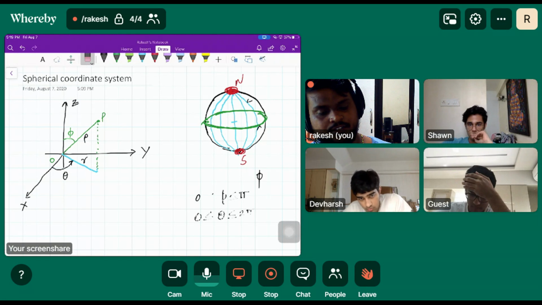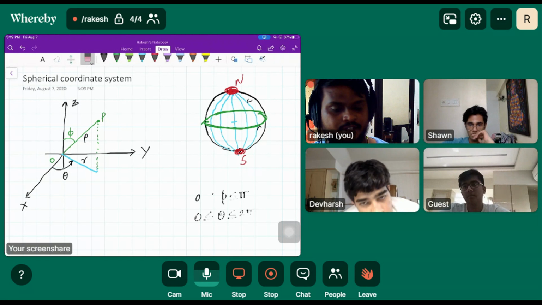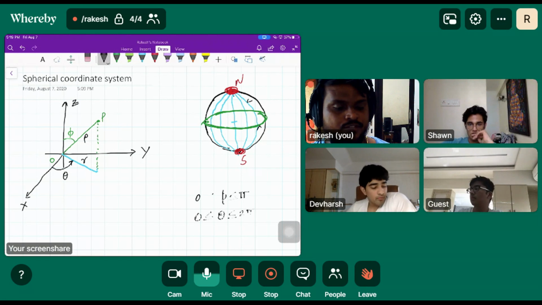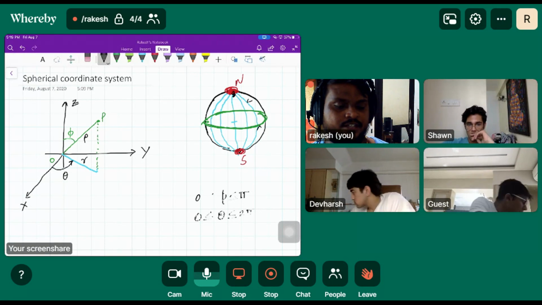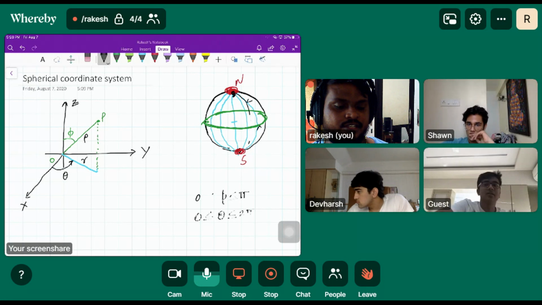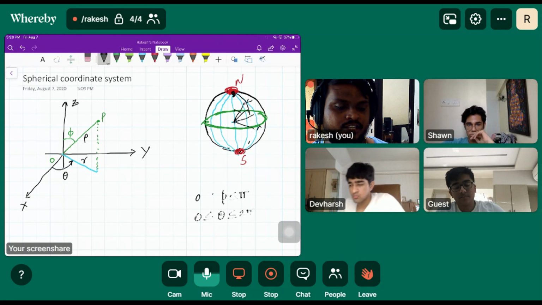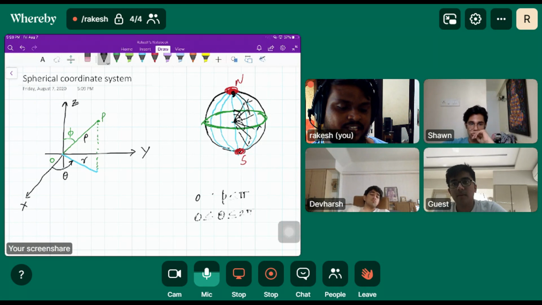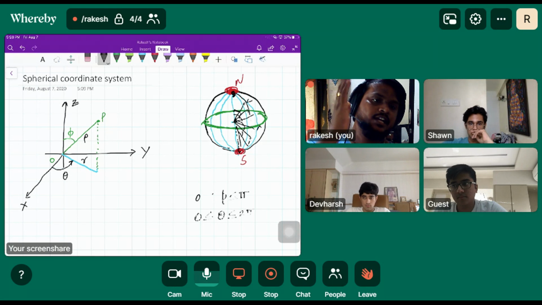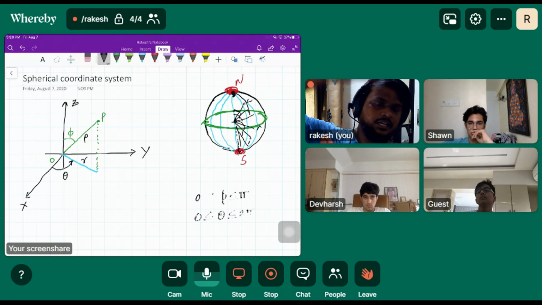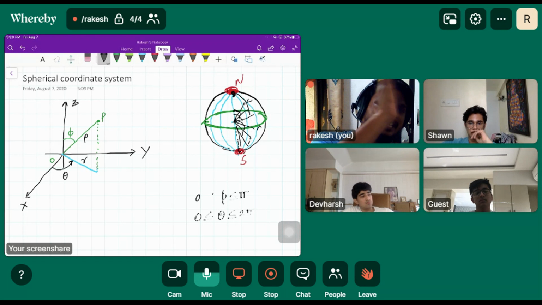If you understand this sphere, one is going along this line, so the point is always making the angle phi. Are you getting that? This is the angle phi, which is made with the z axis. It goes from 0 to pi, and if you go in the opposite direction, it is again the angle made by the line with the z axis.